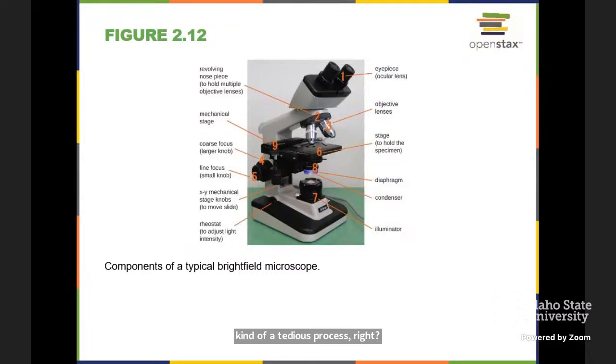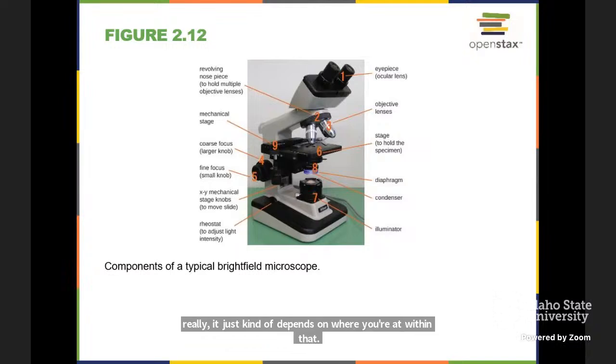And I can't tell you there's no specific thing, all right? There probably is, but I don't know it. Once you find it and you've got it in pretty good focus, sometimes you've got to fine tune it away from you, sometimes back toward you. And I can't tell you one way or the other, it just kind of depends on where you're at within that. And every time you shift it, you've got to do it a little bit.